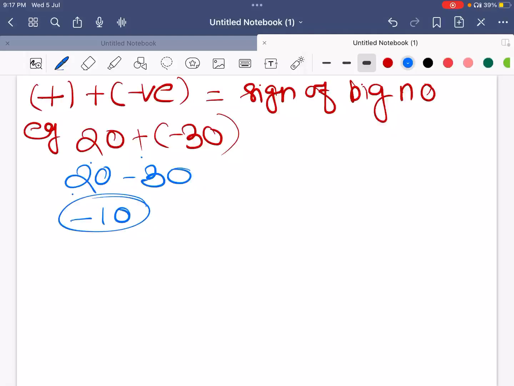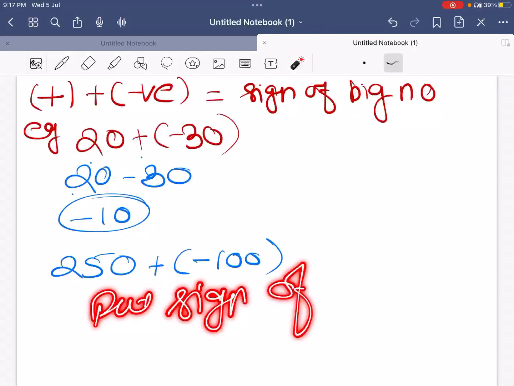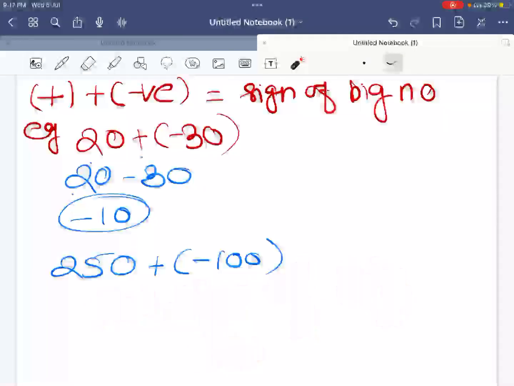Take another example. So 250 plus of minus 100. In this case, this is a positive number, this is a negative number. If signs are different, then we have to subtract these given numbers and put the sign of the bigger number or bigger term.